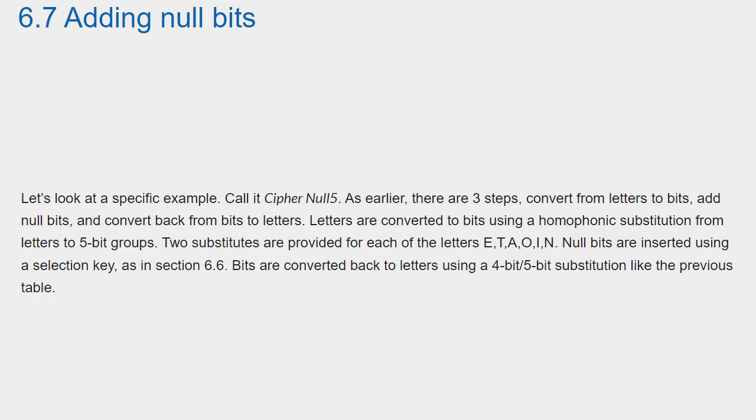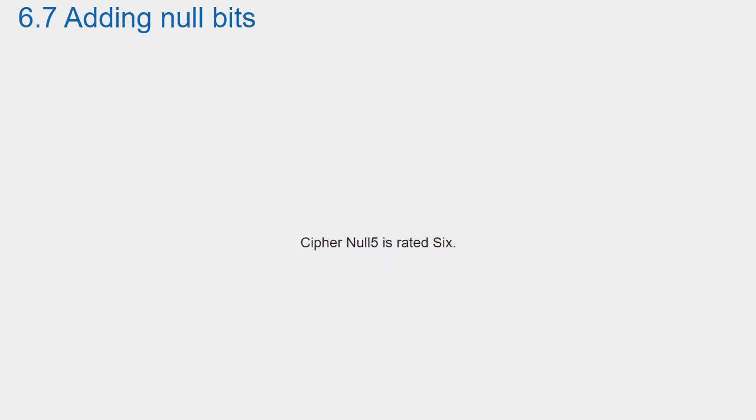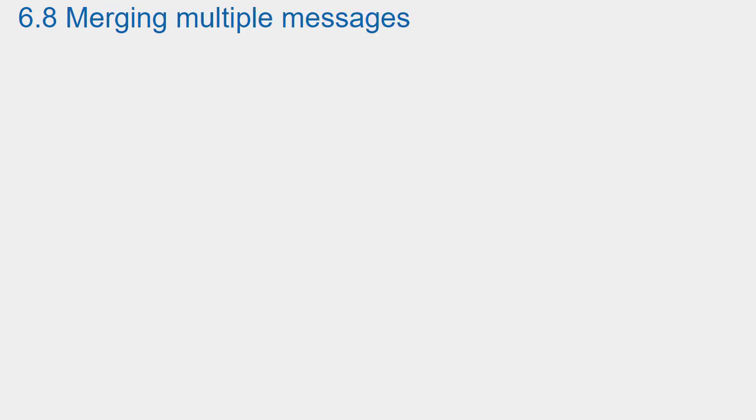Letters are converted to bits using homophonic substitution, from letters to 5-bit groups. 2 substitutes are provided for each of the letters E, T, A, O, I, N. Null bits are inserted using a selection key, as in section 6.6. Bits are converted back to letters using a 4-bit/5-bit substitution, like the previous table. Cipher null 5 is rated 6.